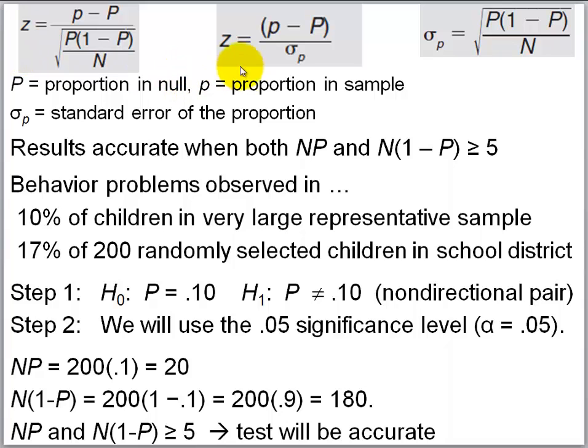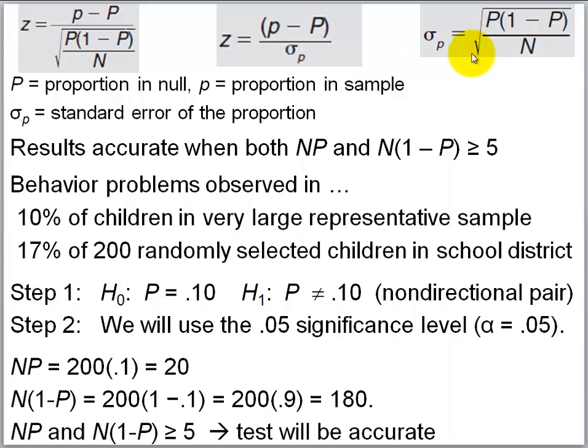So here's the formula phrased differently, and you can see here that the standard error of the proportion is computed by taking the proportion stated in the null, p, multiplying times 1 minus p, and then dividing by the sample size. The final step is taking a square root.